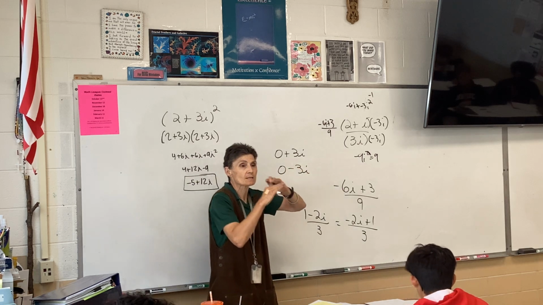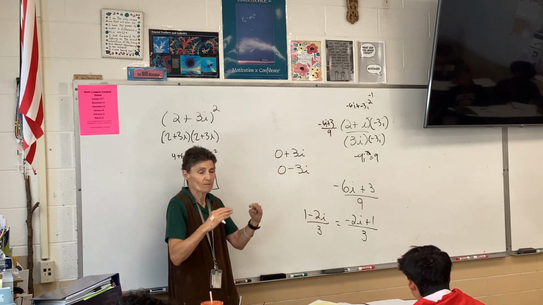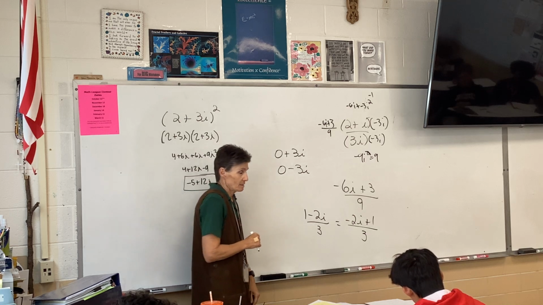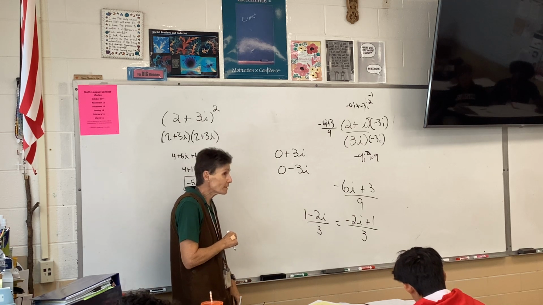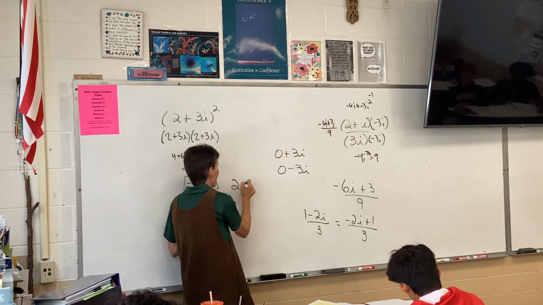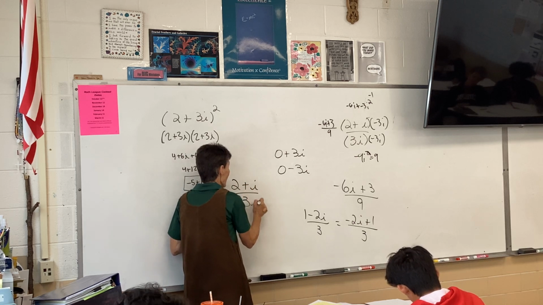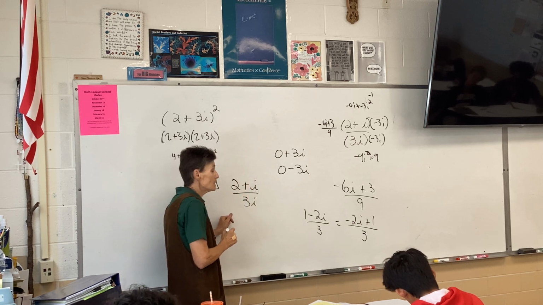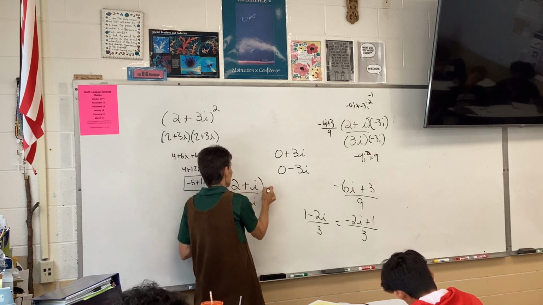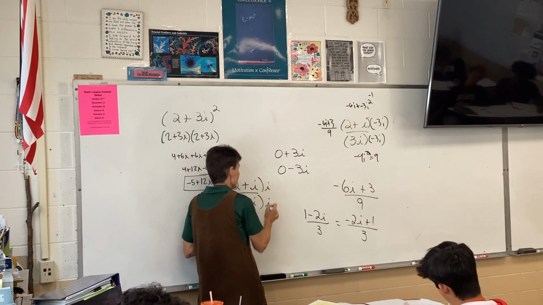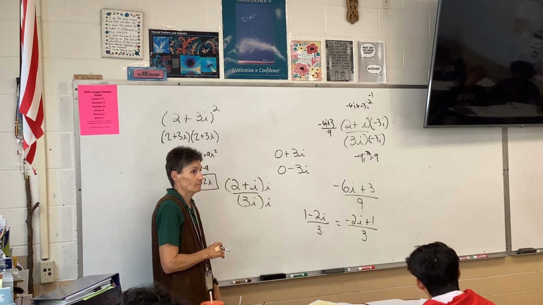Everything he did is perfect. But remember, your objective is to get rid of the i on the bottom. That was the objective. So what would happen if I just multiply by plain i?